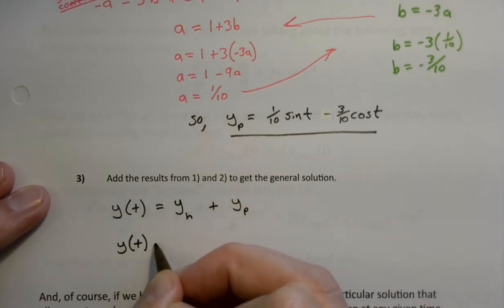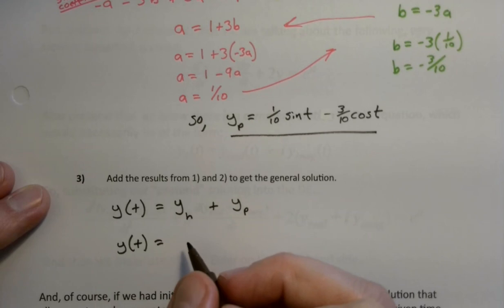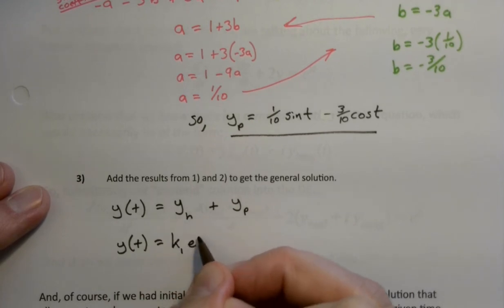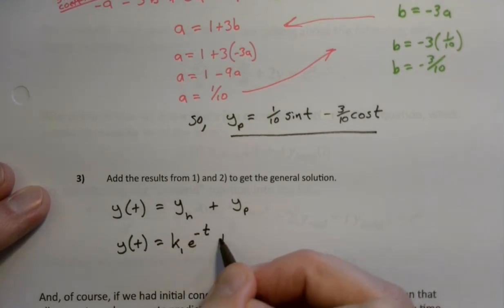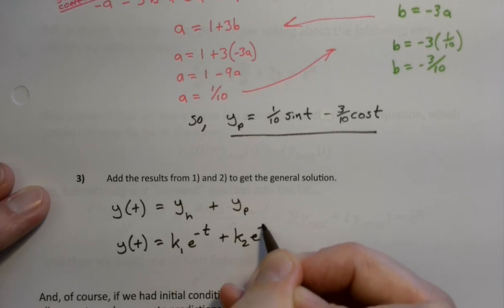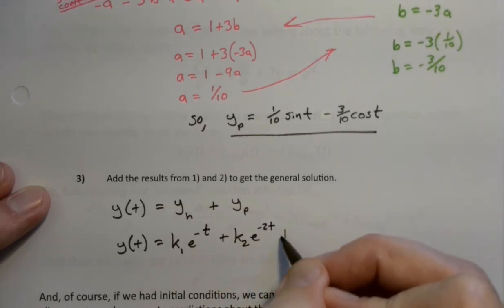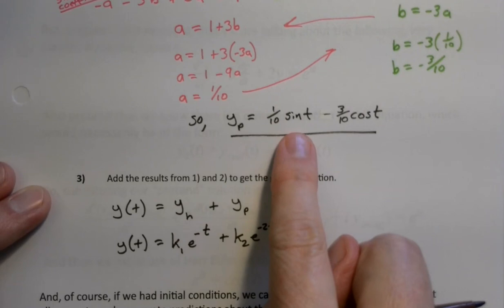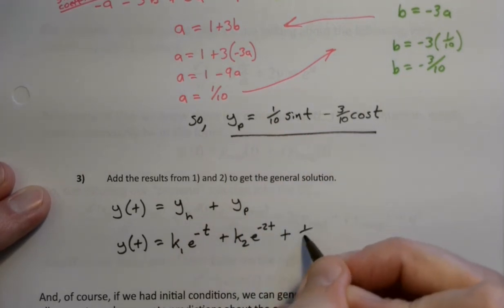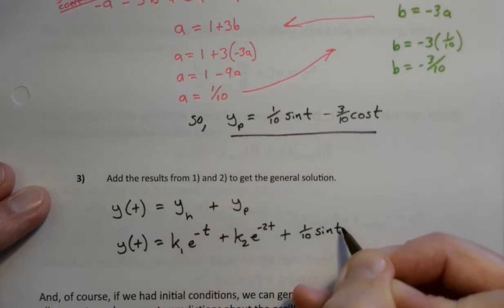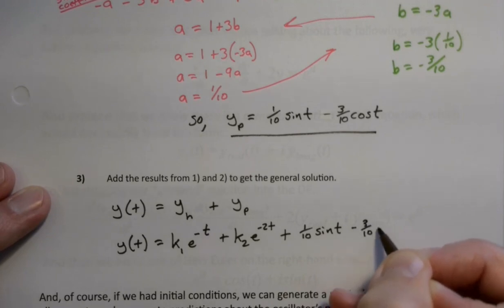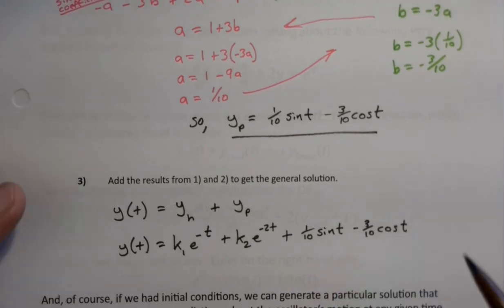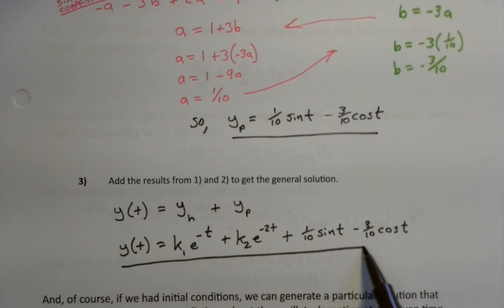That means my overall general solution is k1 e to the minus t plus k2 e to the minus 2t plus that whole particular solution, 1/10 sine t minus 3/10 cosine t. And so this right here is the general solution for that differential equation.